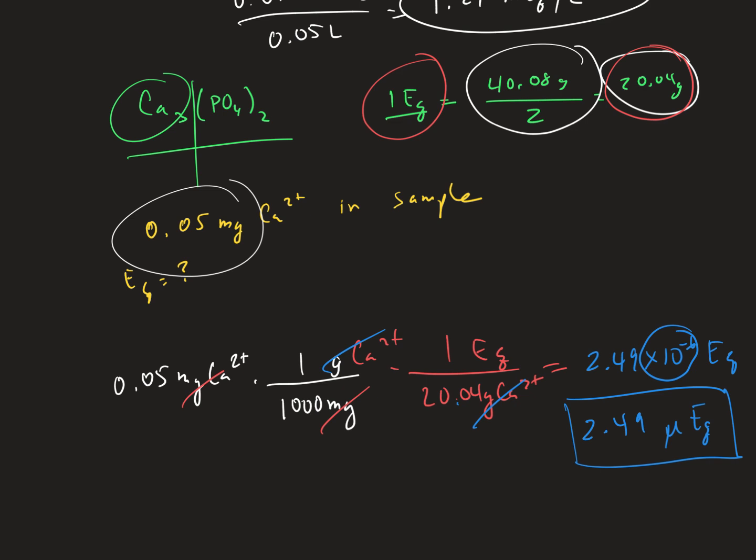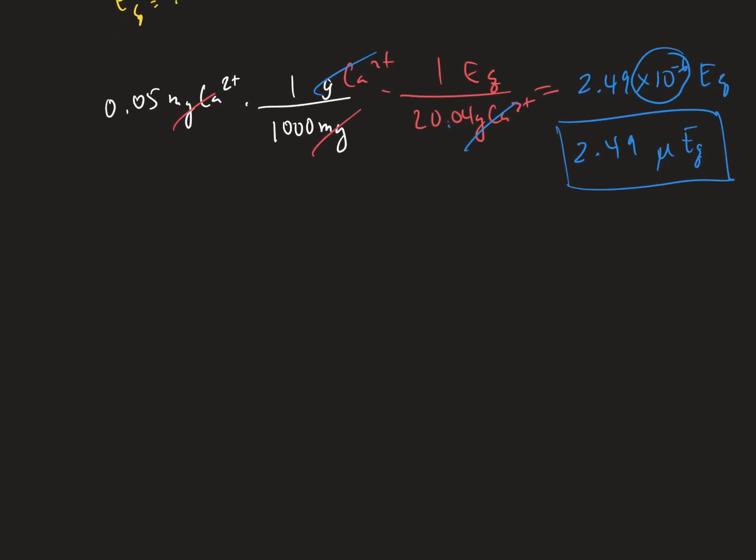Any questions about equivalence? So the takeaway here is one equivalent equals the molar mass of the ion divided by the charge of the ion.